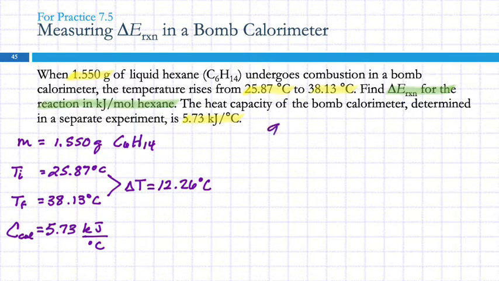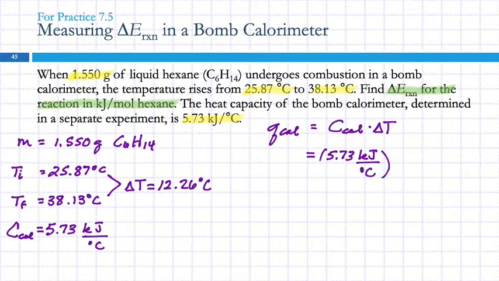So the heat absorbed by the calorimeter is equal to the heat capacity of the calorimeter times the change in temperature. So we have both of those numbers now. So we've got 5.73 kilojoules per degree Celsius times 12.26 degrees Celsius.